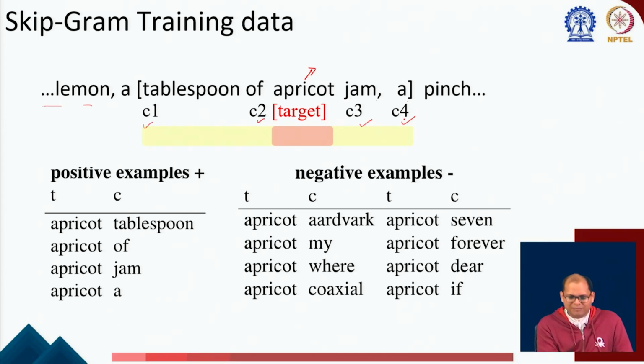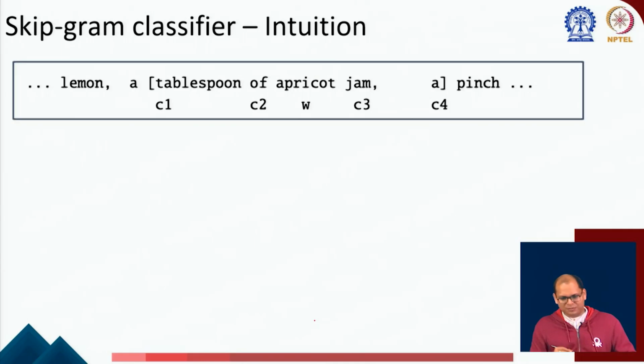So given the target apricot, I create positive examples using the context tablespoon of jam a, and I do negative sampling by sampling from the unigram probability to the power 3 by 4. Right. So like aardvark, my, where, coaxial, seven, forever, if. Some examples of negative samples that I may get. So these are some positive samples, some negative samples.